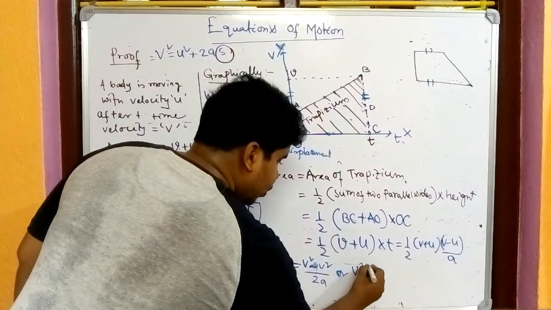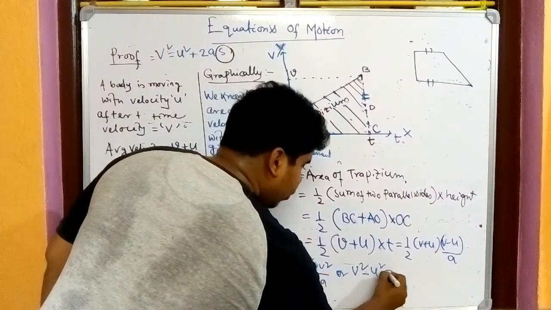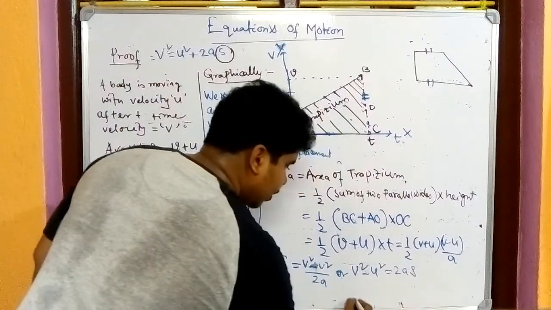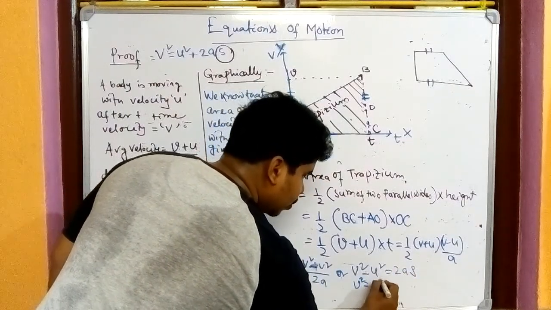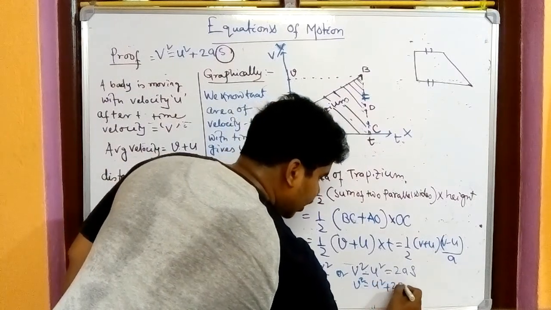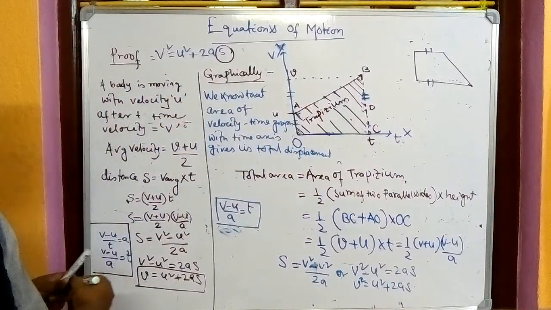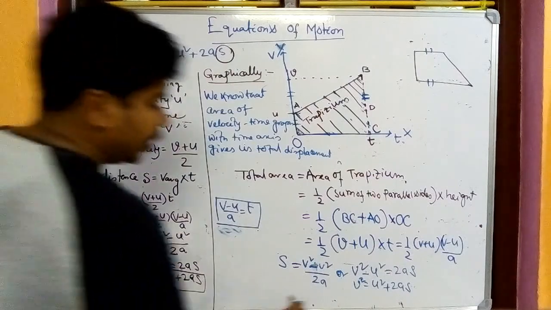So V square minus U square equals 2AS, and that is V square equals U square plus 2AS. This is the equation we have proved graphically.